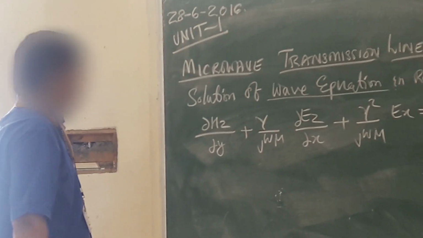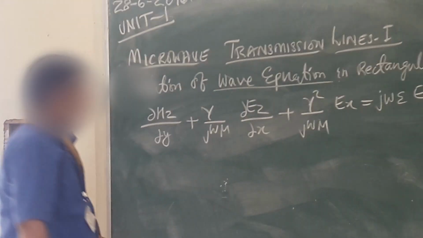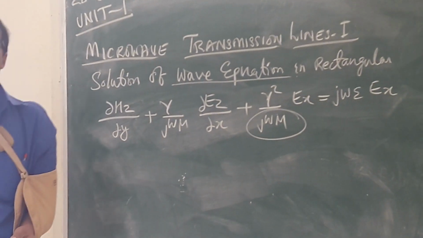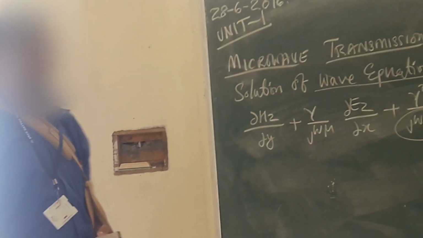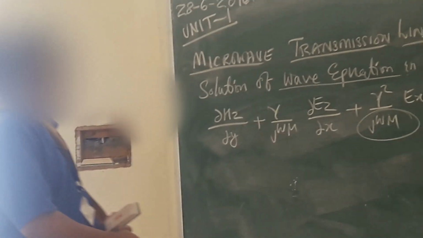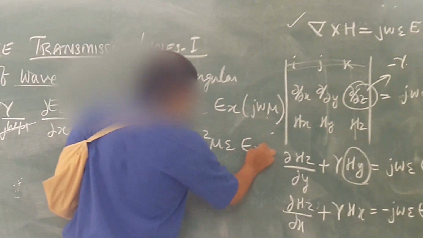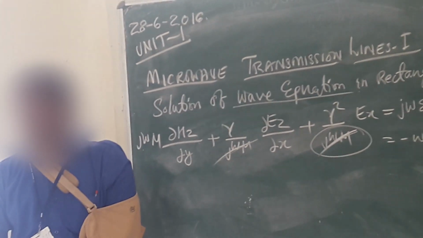You multiply all the terms with j omega mu. Multiply both sides of the equation with j omega mu, giving minus omega squared mu epsilon Ex.